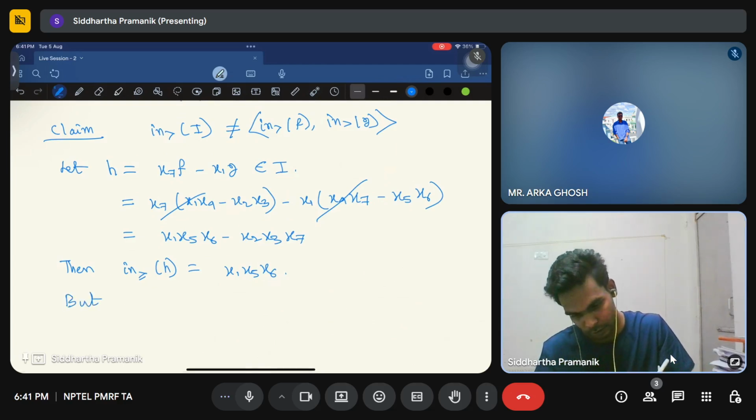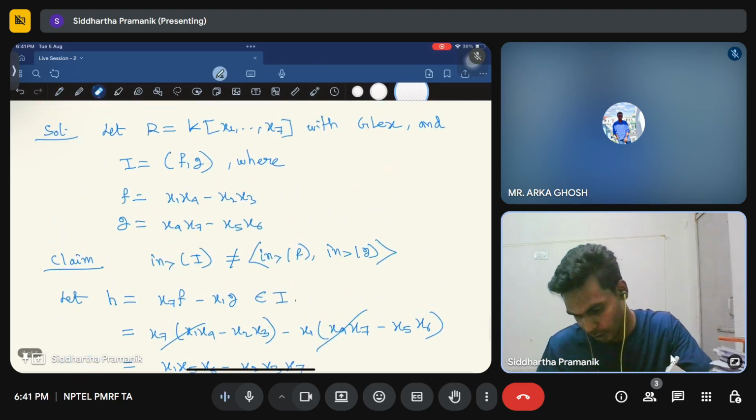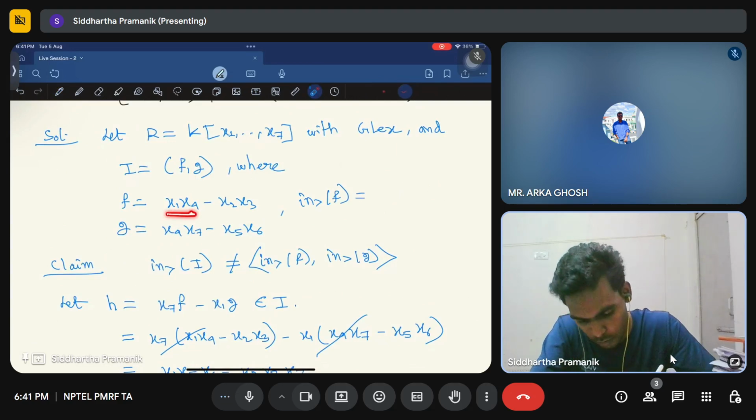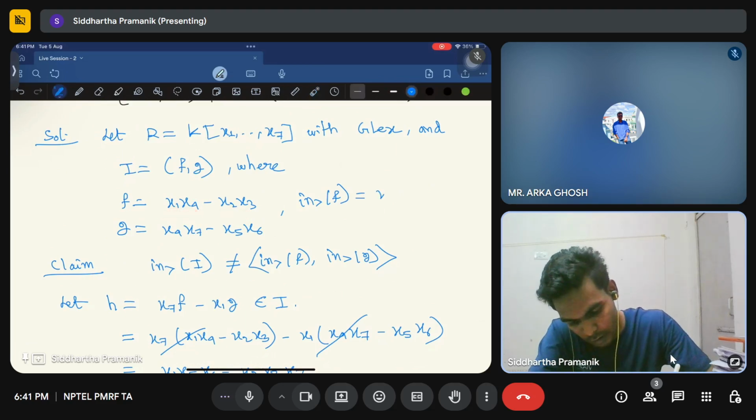But okay, we need to find initial of F also. So what is initial of F? Here the total degree is 2, here also total degree 2, but here we are starting with the first coordinate, so the difference vector 1 will be there. So this is the leading term.